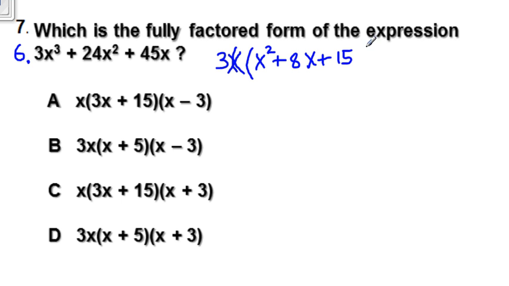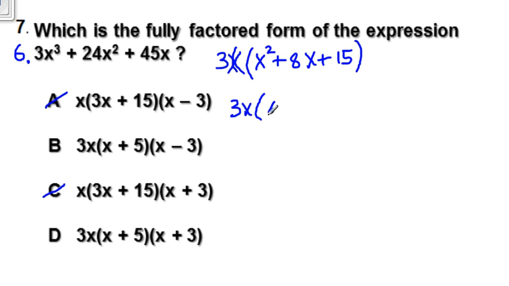And so really between these two, you're going to have 3x factored out. That already gives you a heads up on what can be fully factored, A and C eliminated. And then this quadratic trinomial we can further factor. I'll put the 3x in front of it.